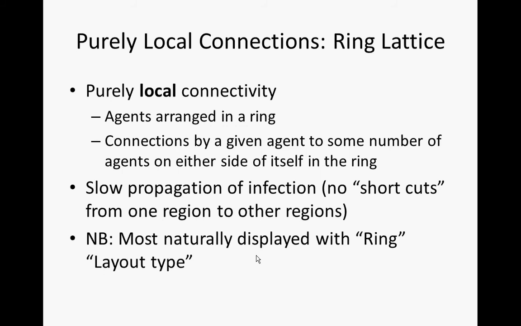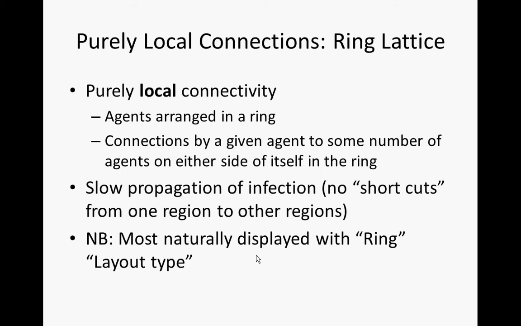Agents are arranged in a ring. Connections by a given agent occur to neighboring individuals within that ring. It may be immediate neighbors or maybe neighbors several steps down, but it's local neighbors. And it's in this 1D space. So there's a serialization of the individuals. That is, there's an ordering of the individuals which loops back around at the end.